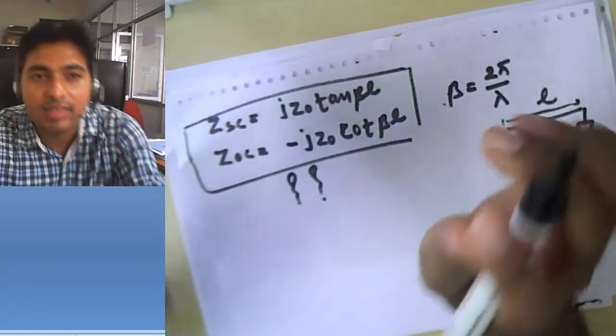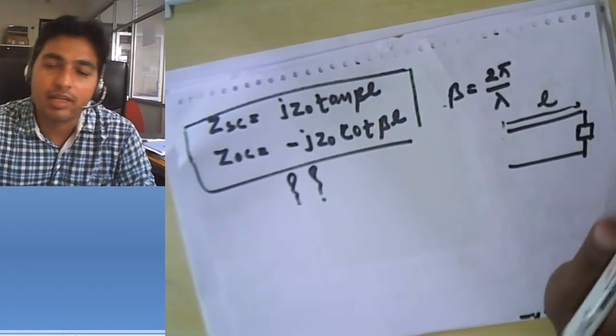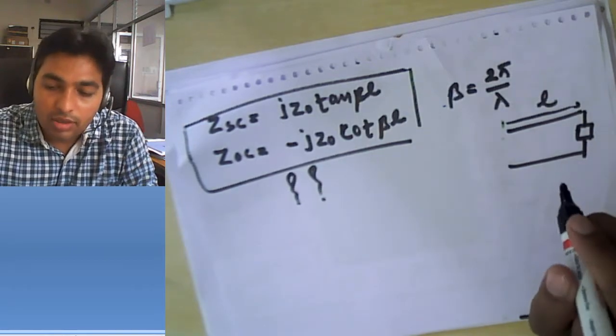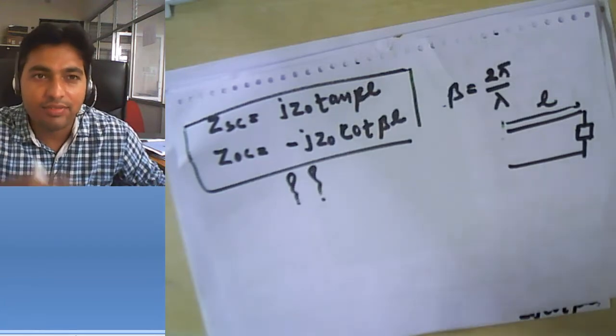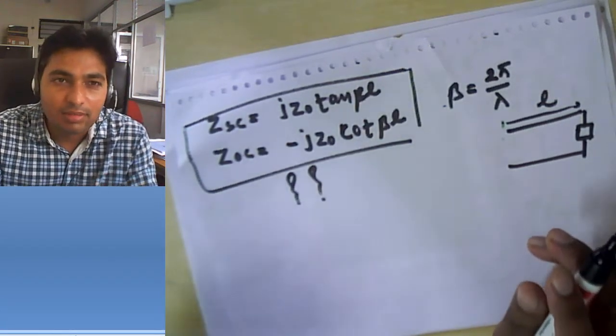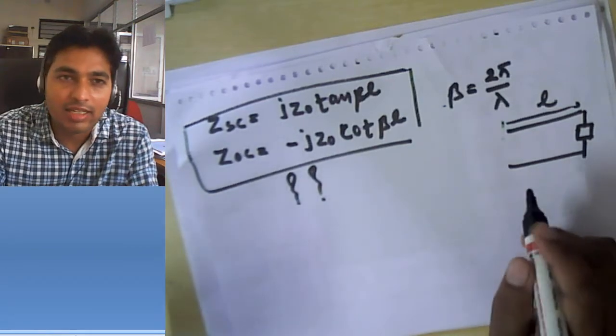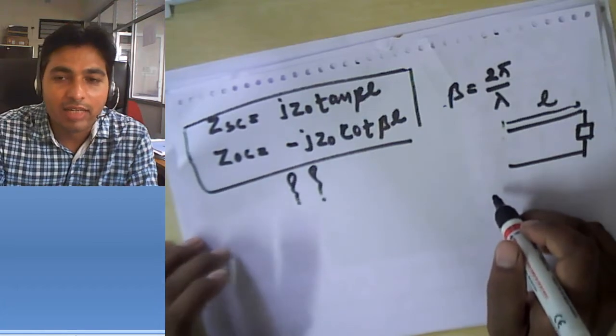We know the curves of sine, cos, tan, cot, everything. The curve of tan βL is an infinite curve, because tan βL is sine βL upon cos βL.